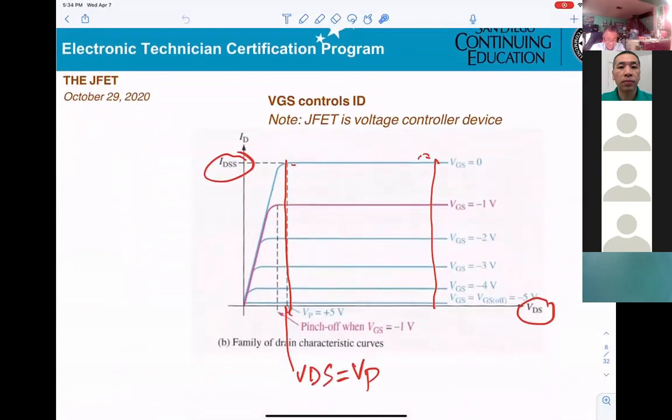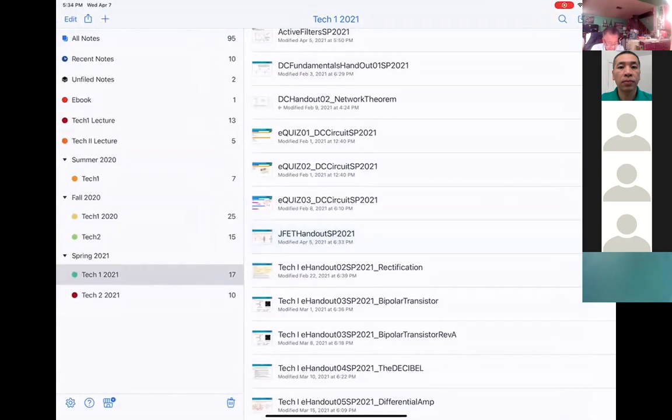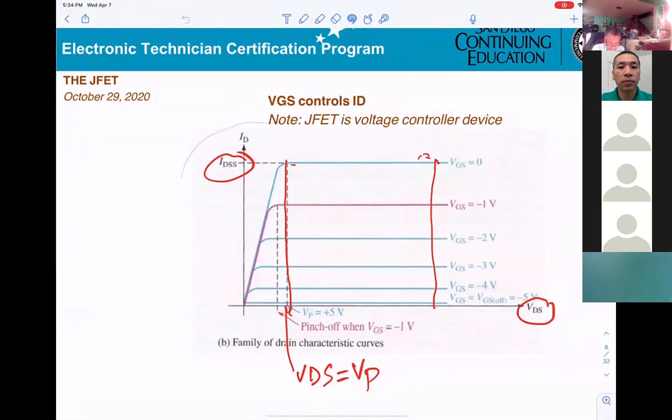Now if you look at this graph here, you can see this stands for VGS. VGS equals minus 4 volts, minus 3, minus 2, minus 1, and 0.